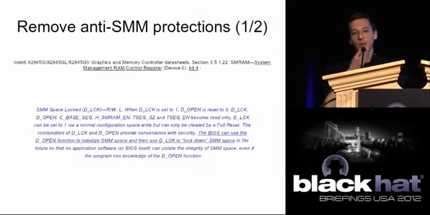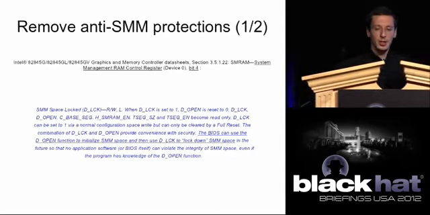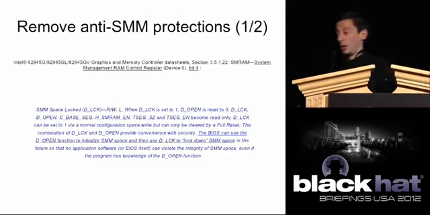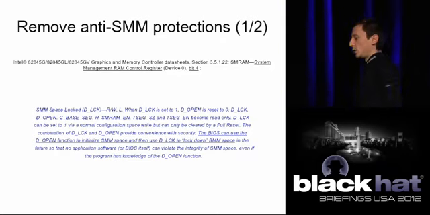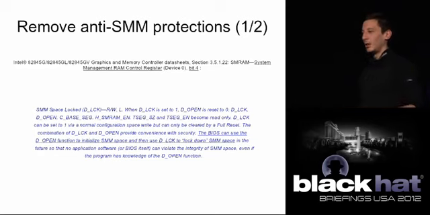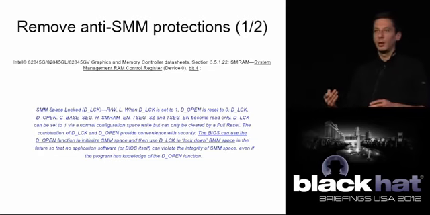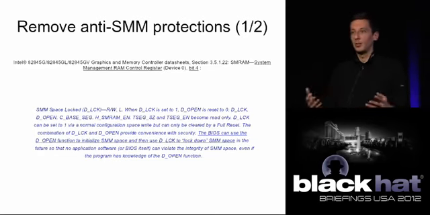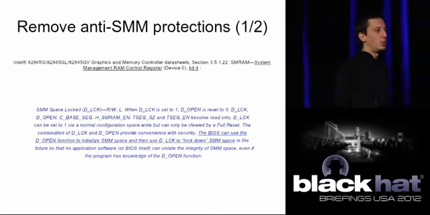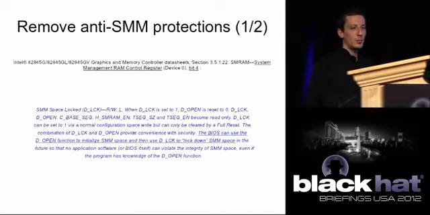So the SMM thing is a bit touchy. Basically, you have two bits, D_OPEN and D_LOCK, which are to be taken into account. When the D_LOCK bit is set, you cannot use SMM anymore, ever. And this fix is supposed to be provided by the BIOS.